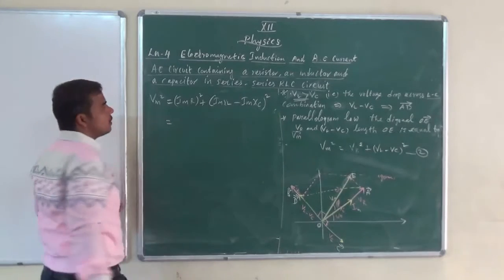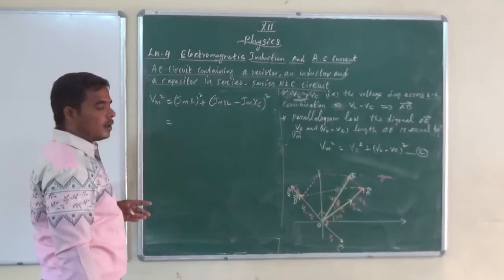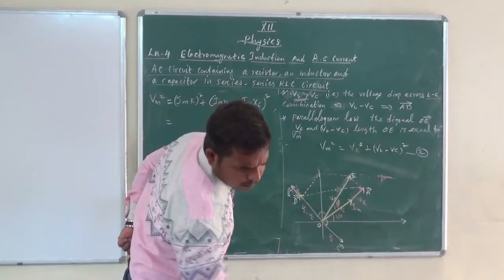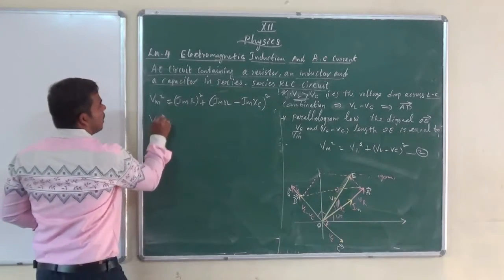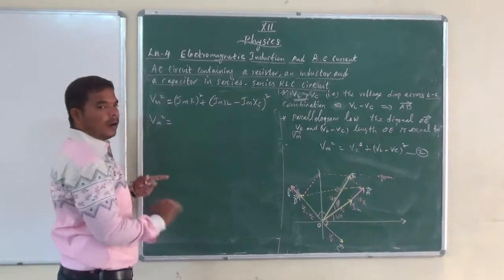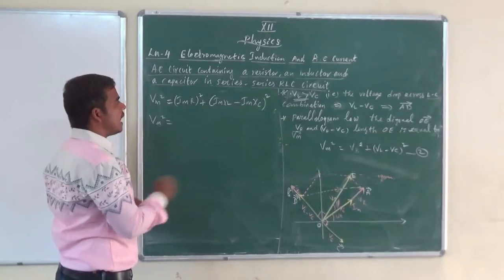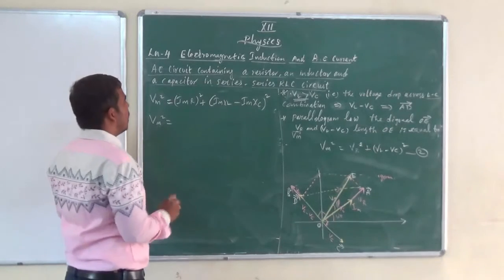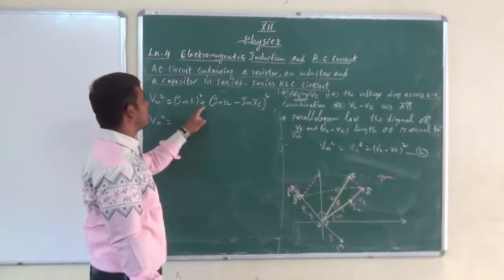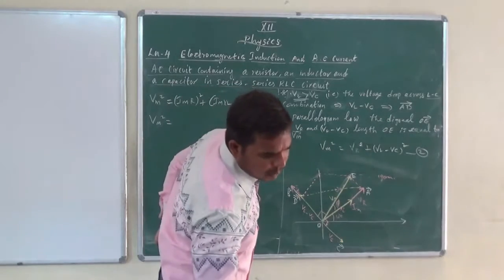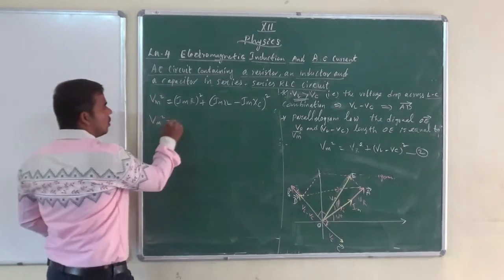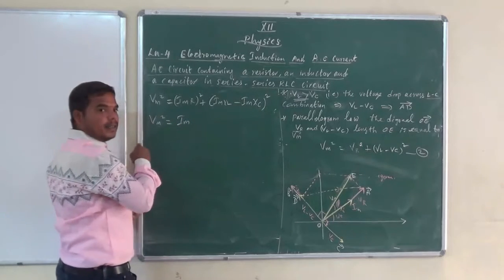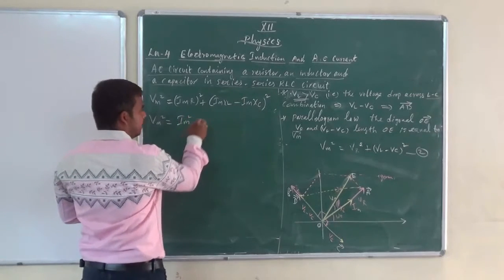On the left side is VM square. Now I shall take IM outside, otherwise everything is IM into R square, IM into XL square, IM into XC square. So IM square is common.